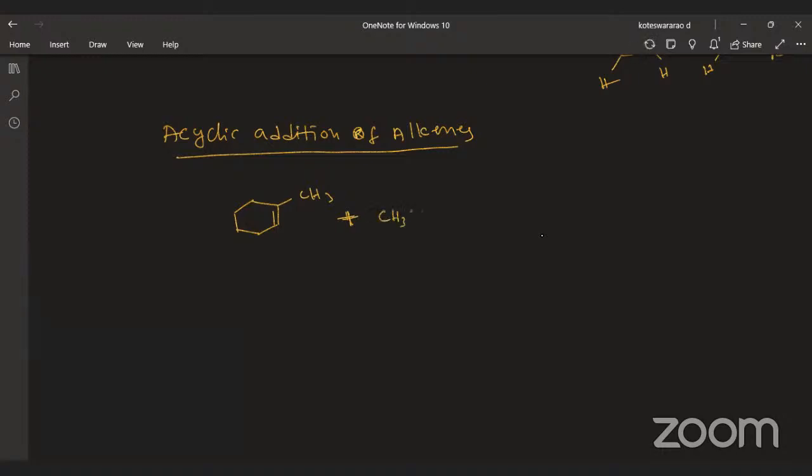In the presence of alcohol and xylene solvent, when we irradiate the reaction, it undergoes simple addition of the alcohol molecule at the double bond, which leads to the formation of the product.